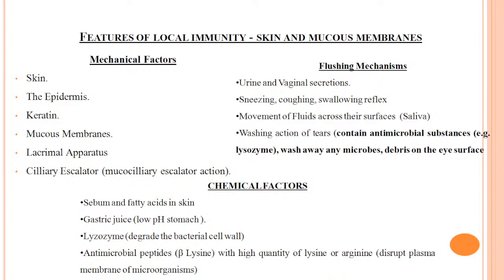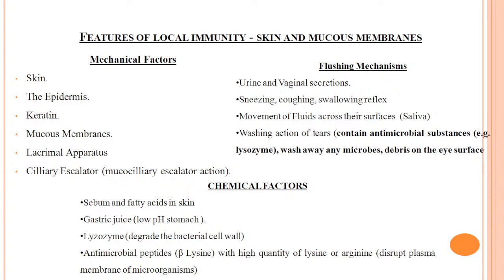Flushing mechanisms include urine and vaginal secretions, because urine flushes bacteria from the urogenital tract. Vaginal secretions have the same action. Sneezing, coughing, and the swallowing reflex are also flushing mechanisms. You know that when we sneeze or cough, we discharge bacteria.